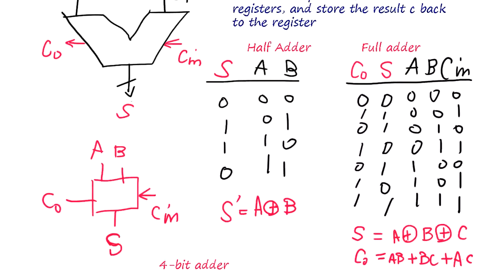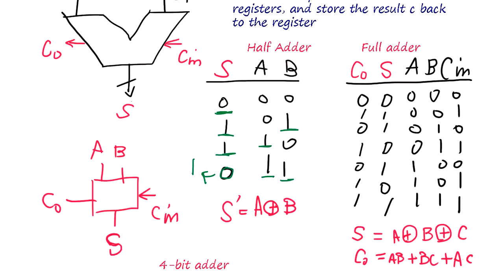Now when you add a number, if A is 0 and B is 0, the sum is 0. If one side is 1, the sum is 1. If both are 1, then it becomes 0 again, because there is a bit to carry out, right? That's called a carry.